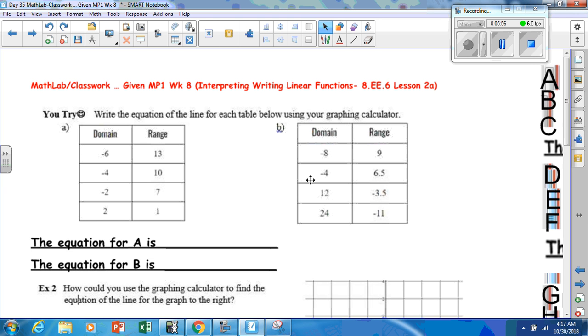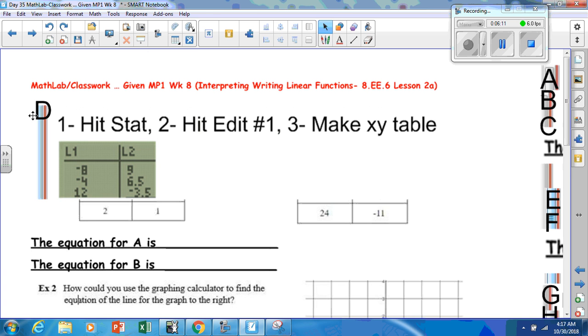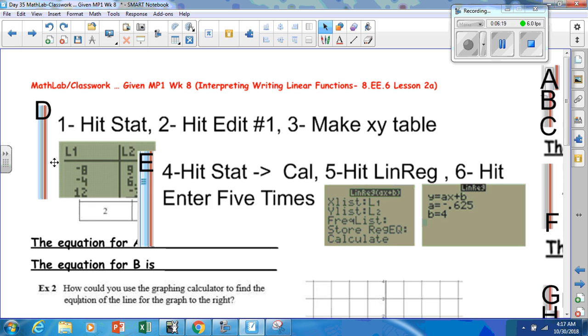Hit stat. Hit the edit, which is number 1, and make a table. Next, hit stat calc. Hit linear regression. Hit enter 5 times. Okay, what do we have?